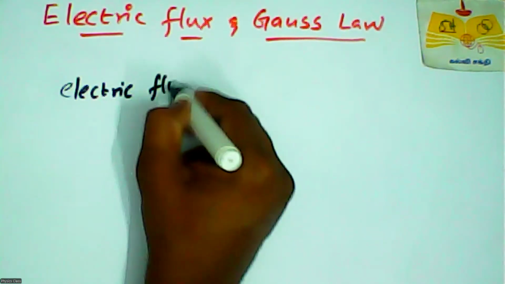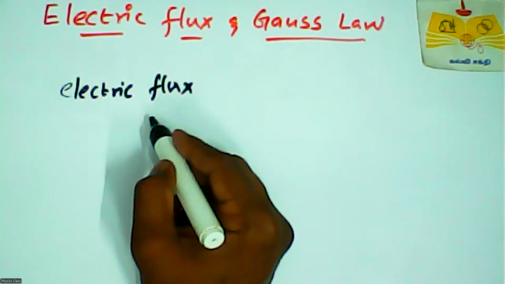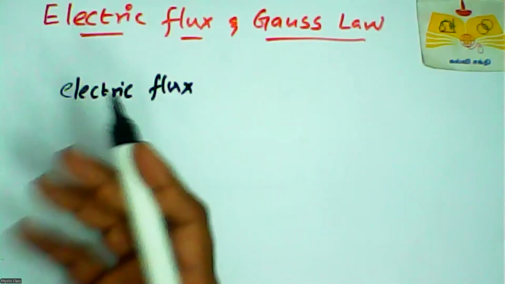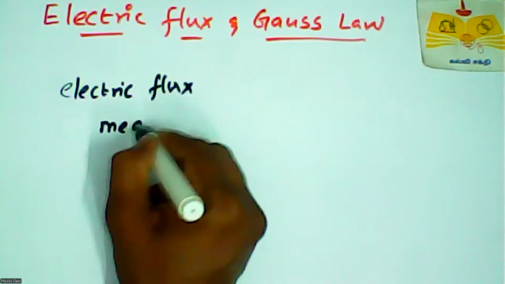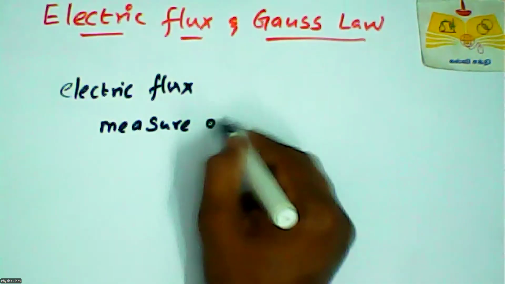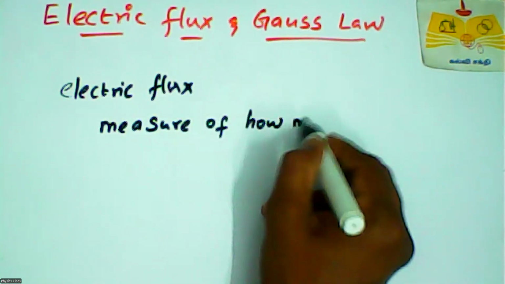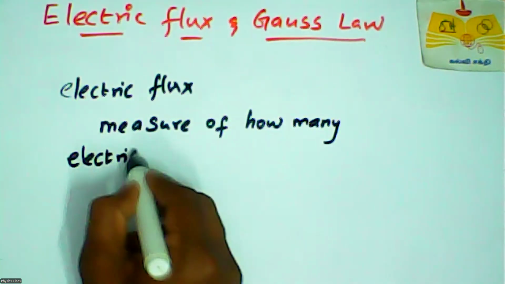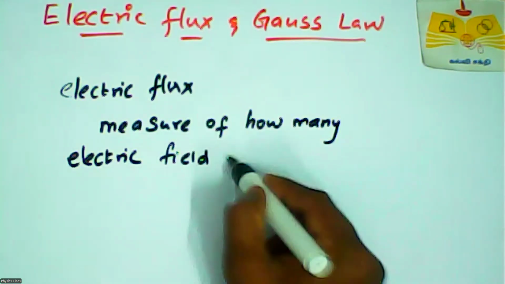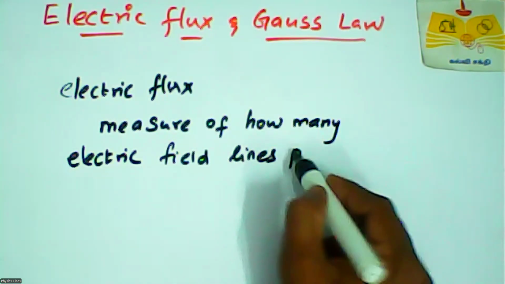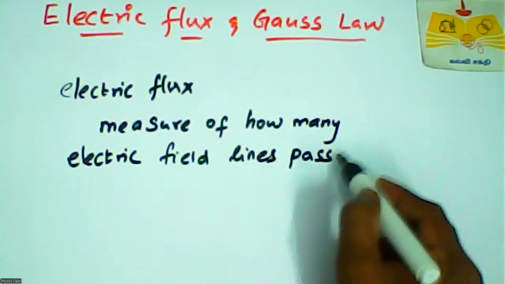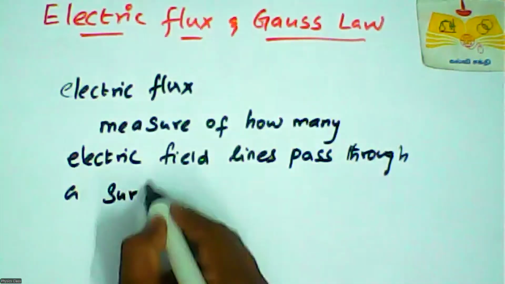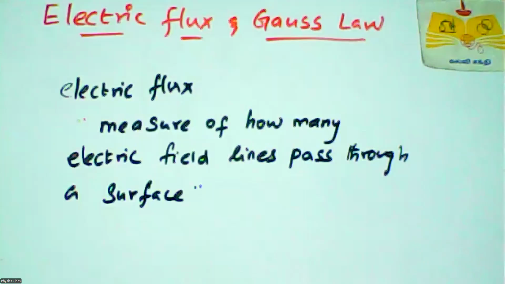Think of electric flux as the measure of how many electric field lines pass through a surface. This is the definition of electric flux.